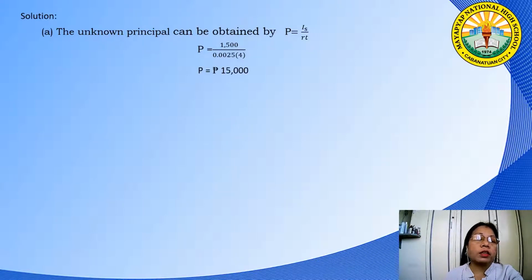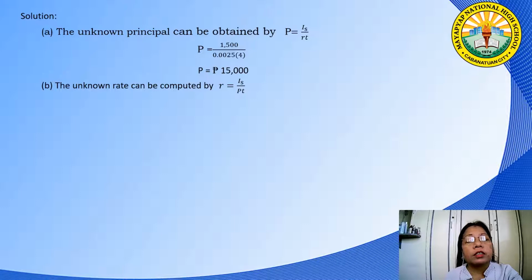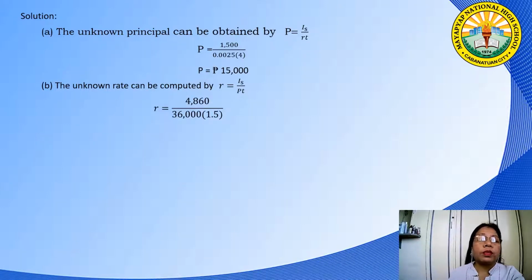And the unknown rate can be computed by R equals I sub S over PT. So again, replace the I sub S, which is equal to 4,860, divided by the principal times the time. So R equals 0.09. Then since the unit for the rate of interest is percent, you may multiply this 0.09 by 100.